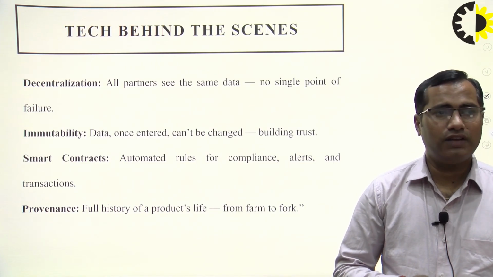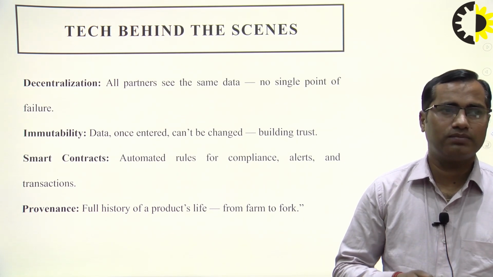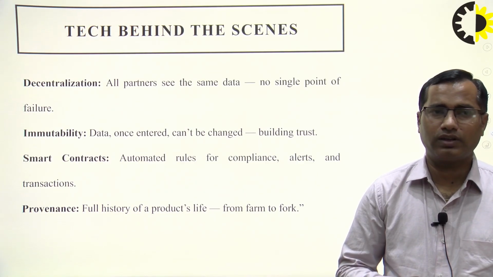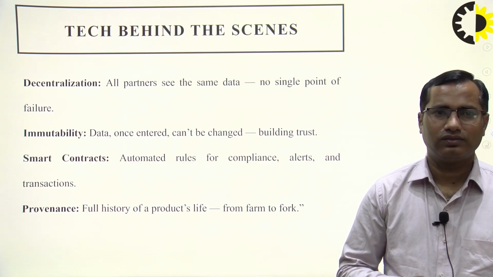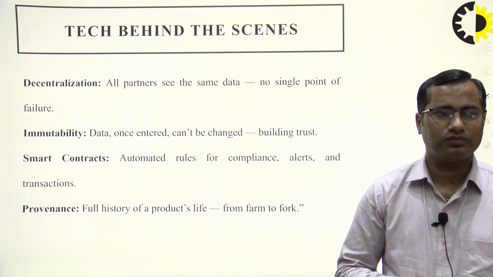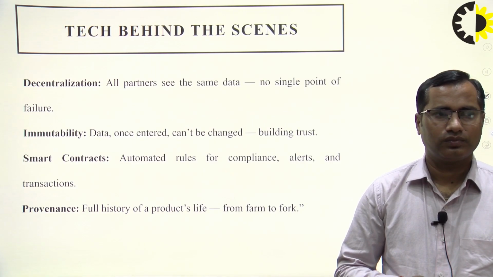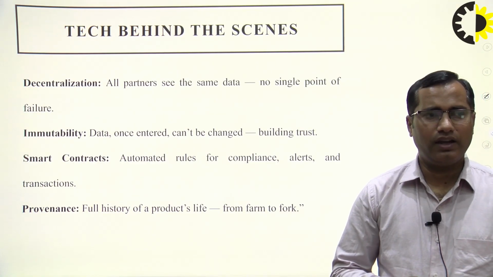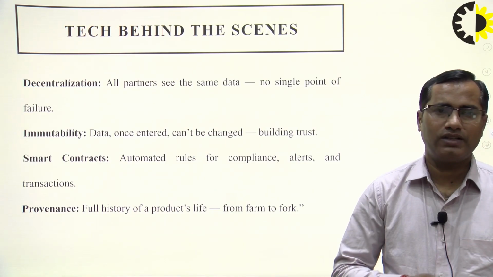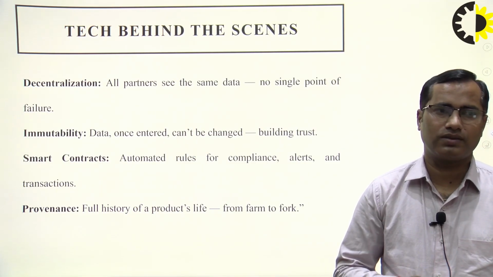There are also self-executing codes known as smart contracts. These can be automated rules for compliance that raise alerts, and they can execute transactions, so that we can get the whole history of the product's life by tracking the history of the transactions.